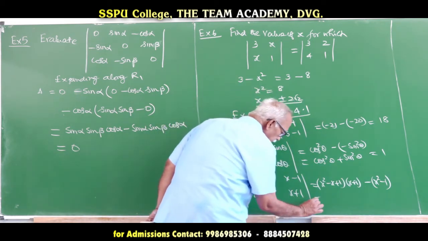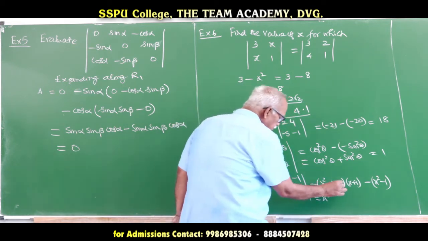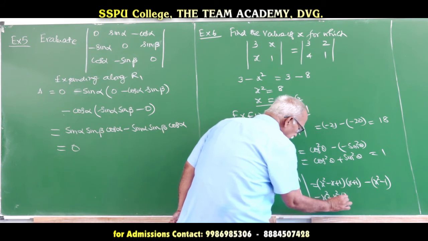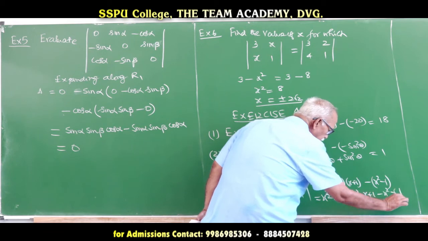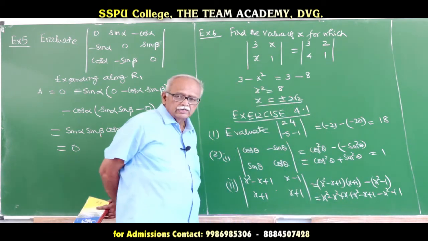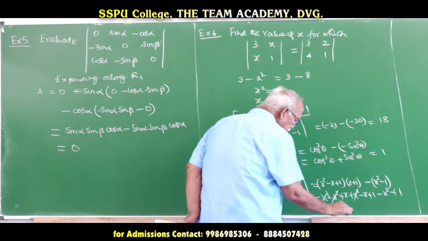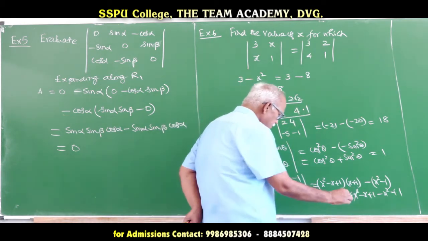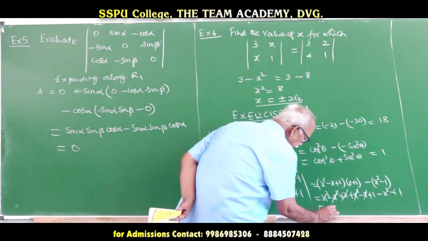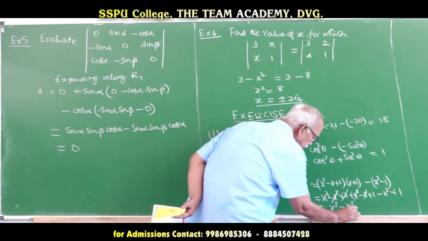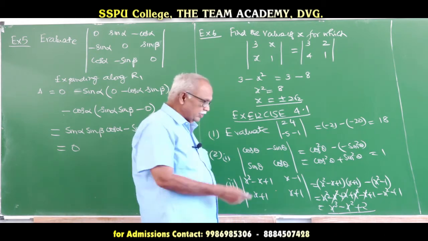Now, let us multiply this x square, that is x cube minus x square plus x square minus x plus 1 minus x square plus 1. Now, if possible, cancel the terms and write the answer. Minus x square plus x square, plus x minus x, both cancel. Now, what is the answer for this? X cube minus x square plus 2.